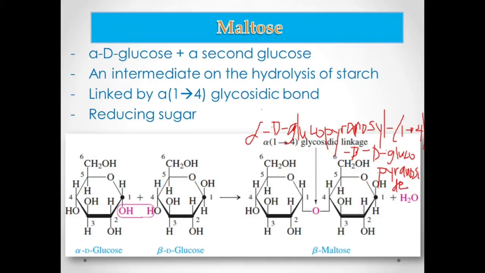Just bear with the spelling there. So the name of this disaccharide is alpha D glucopyranosyl, and the linkage is alpha 1,4, then beta D glucopyranoside. That is the systematic name of the disaccharide maltose.